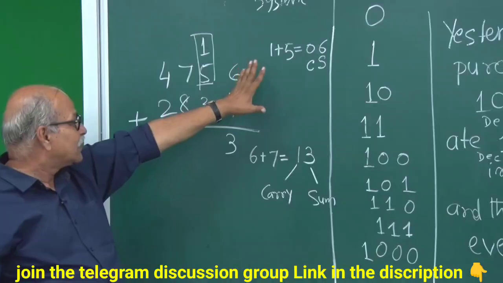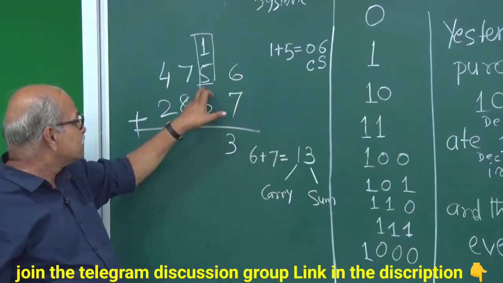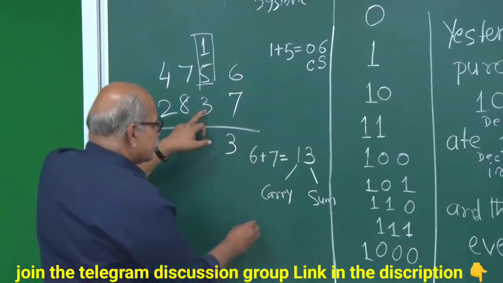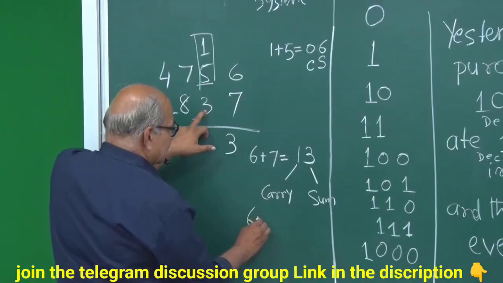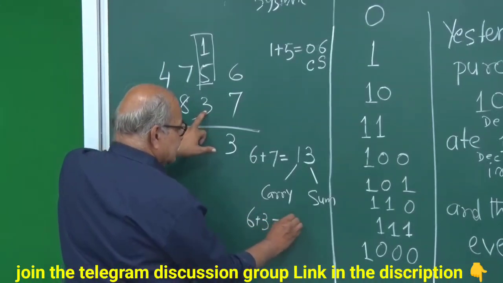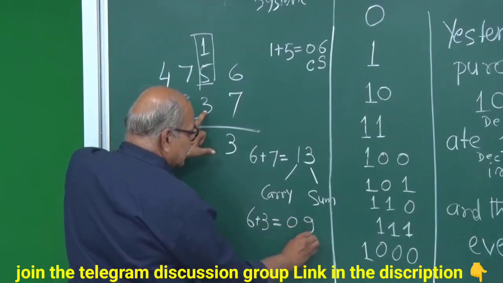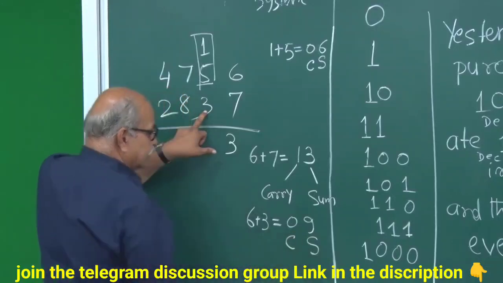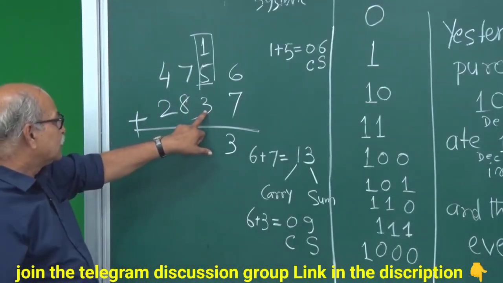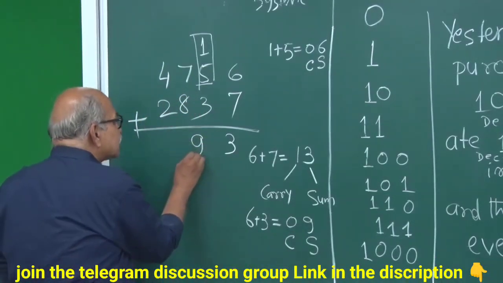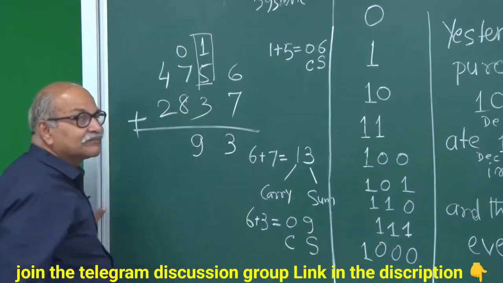So, our life is simple. So, that 6 is to be added here, and once again 6 plus 3 is 9, 0, 9, sum is 9 and carry is 0. So, that 9, that sum comes here and the carry goes here.